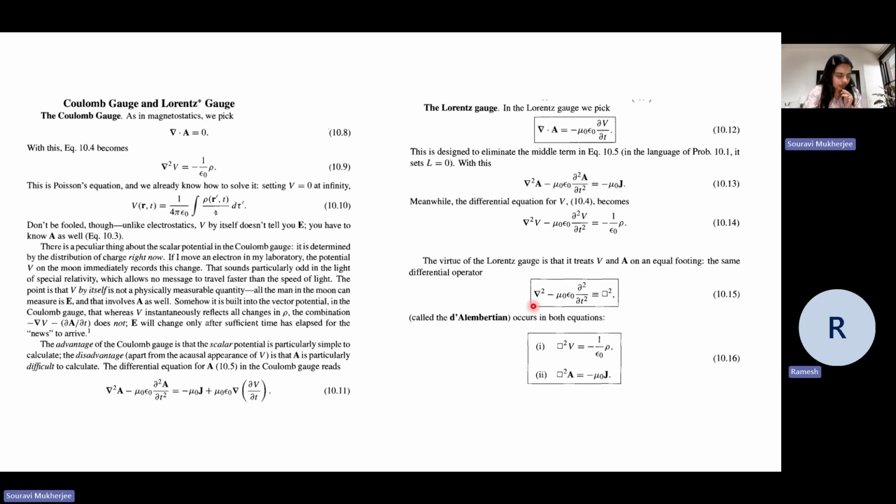Del square also you can apply to both scalar and vector, right? So you're just defining a new operator for this term just to simplify your equation. Got it.